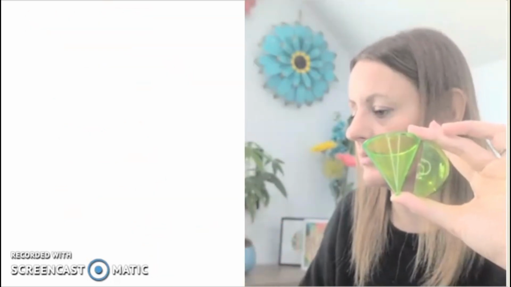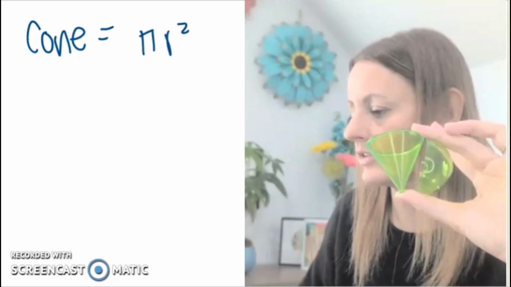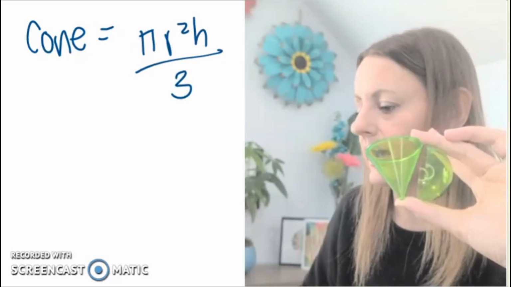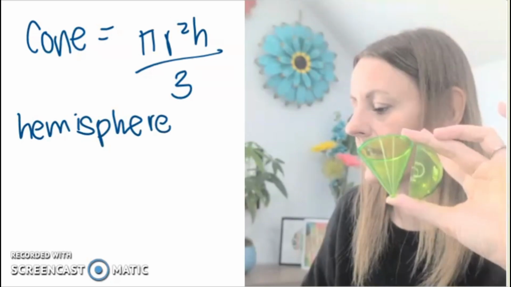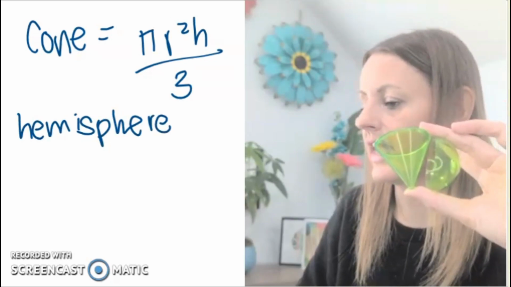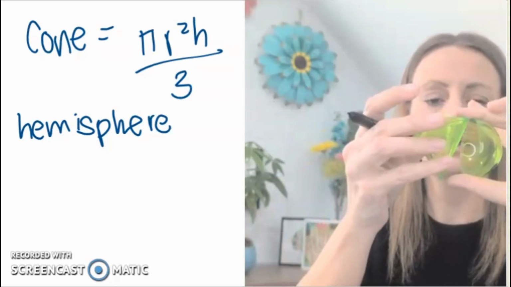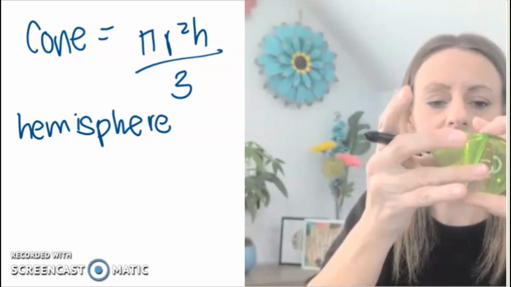We have the volume of a cone is pi r squared h divided by 3. Now let's derive the formula for the volume of a hemisphere from this. Now the height of this hemisphere is the same as the diameter of the shape.